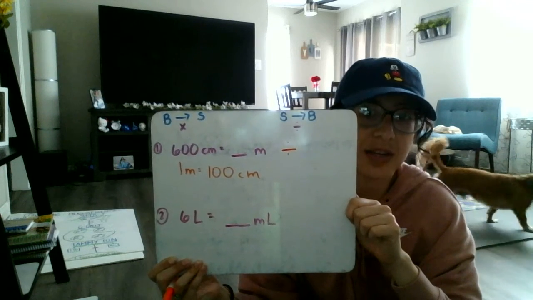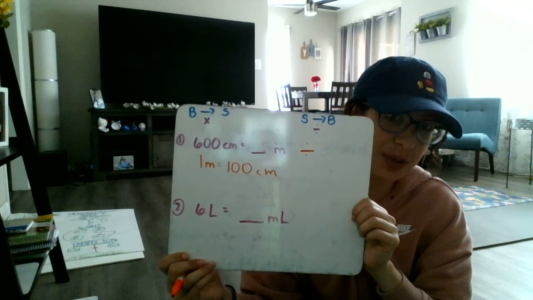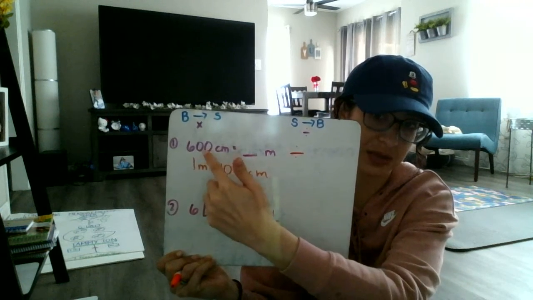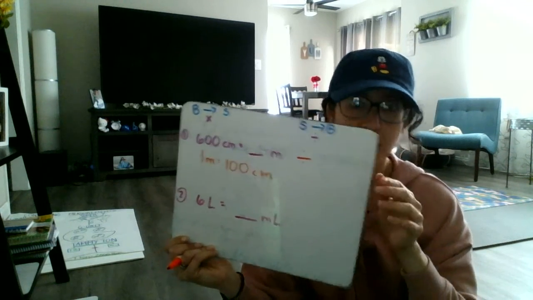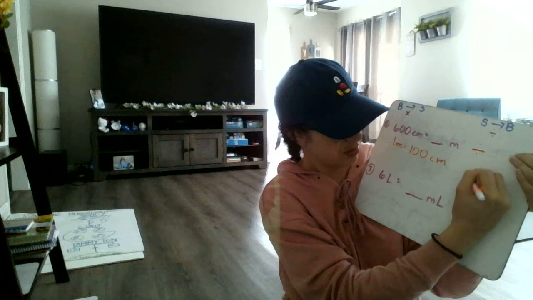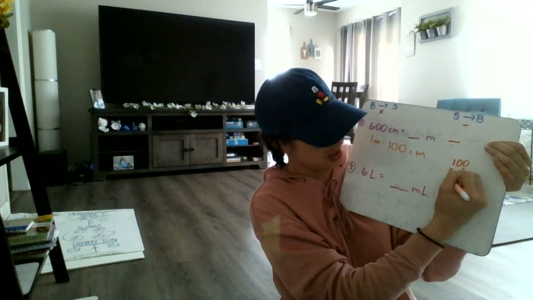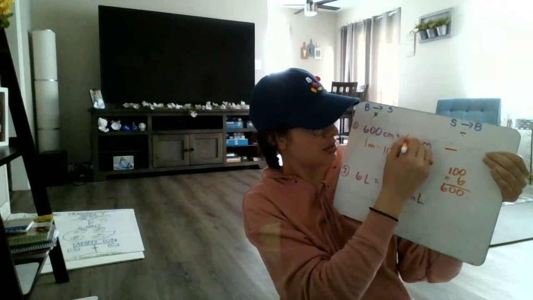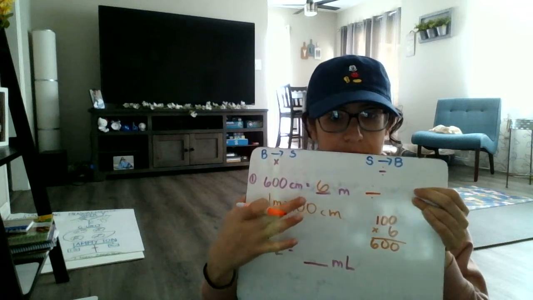We're going to divide it. By now, you should be able to know that 100 times what is going to give you 600, because we're dividing, remember? Division is the opposite of multiplication. Let's test it. 0 times 6 is 0, 0 times 6 is 0, 6 times 1 is 6. So 600 divided by 100 is 6. So 600 centimeters gives you 6 meters.